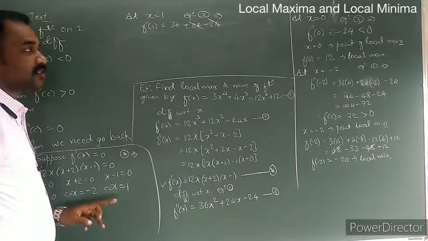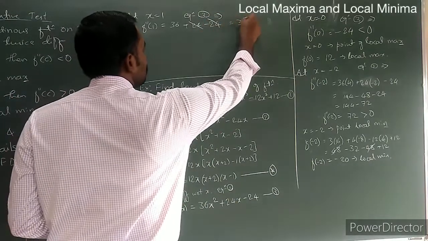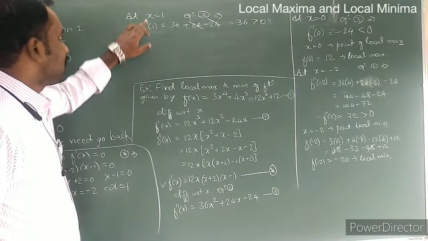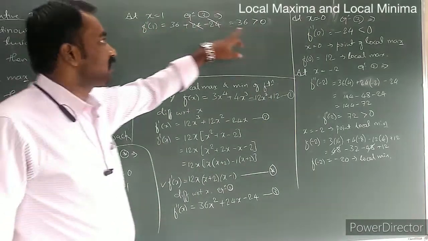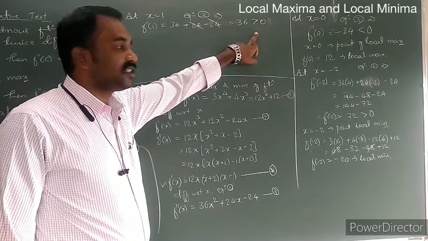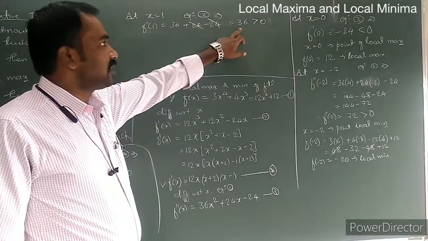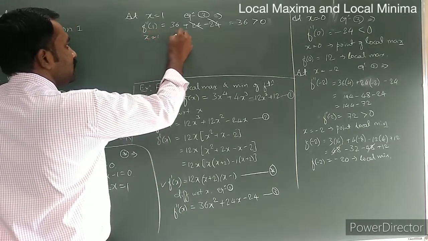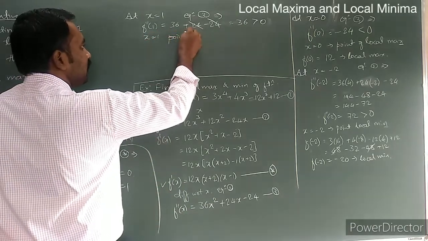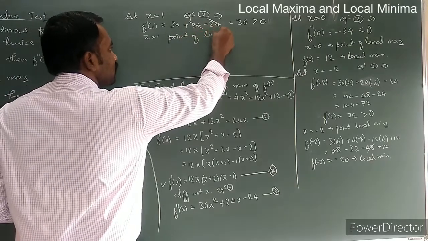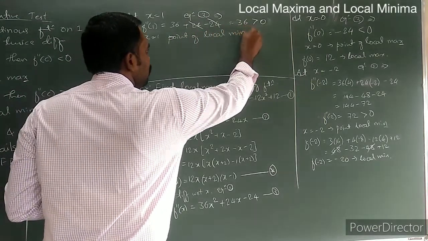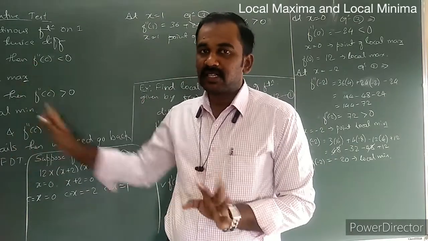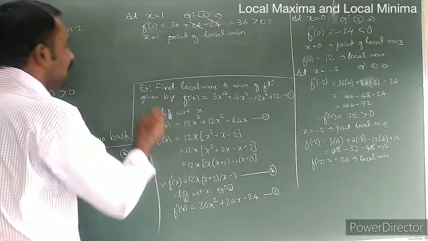Plus 24 minus 24 get cancelled, so it is 36, a positive quantity. f double dash of c is positive. If f dash of c is equal to 0 and f double dash of c is positive, then it is a point of local minimum. I am just using the second derivative test condition. That's all, nothing more than that.